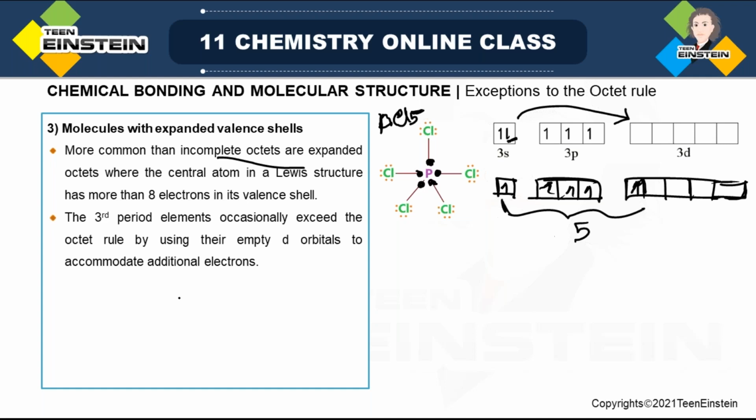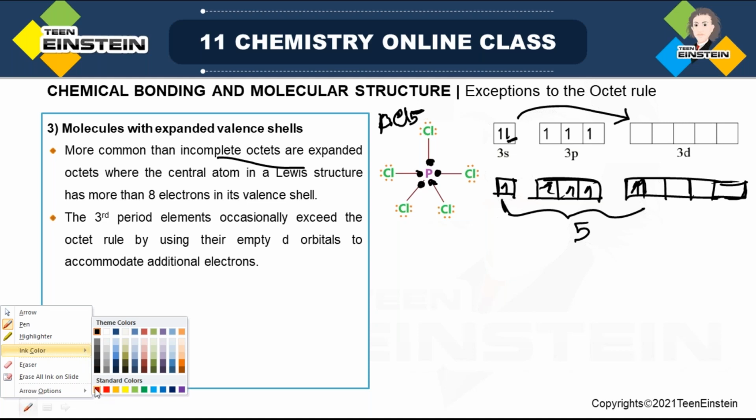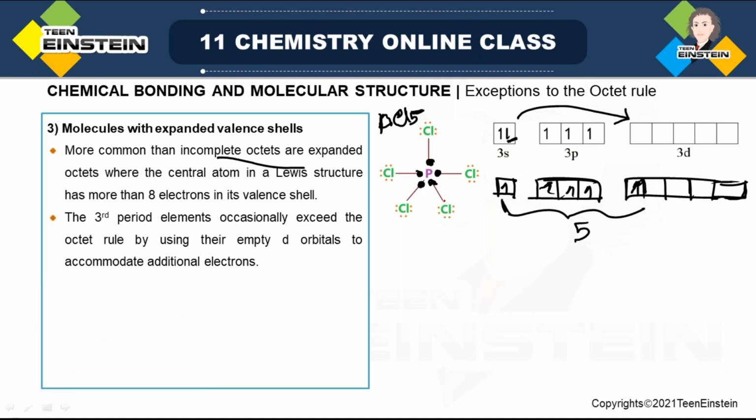Now if you focus on phosphorus, how many total electrons are present? The 5 electrons I have already drawn in black are coming from the 5 individual chlorine atoms. But surrounding phosphorus, how many electrons are there? It is 10 electrons, and 10 is greater than 8.